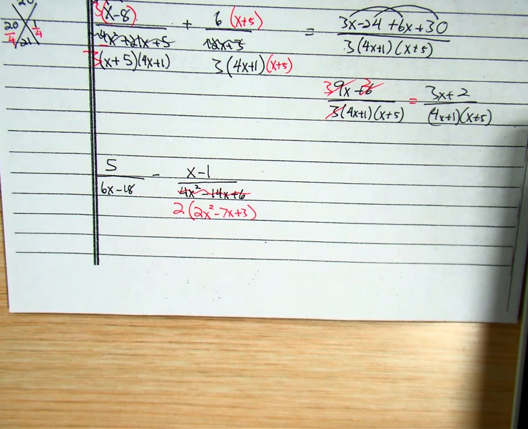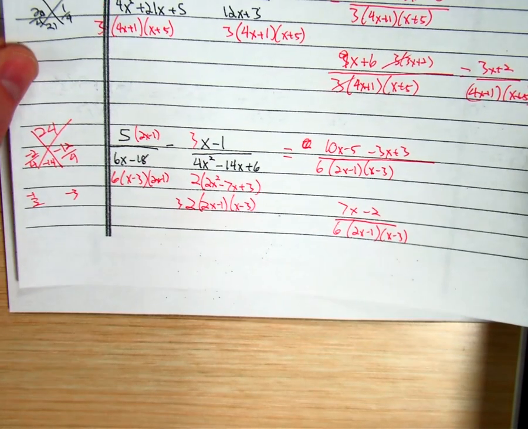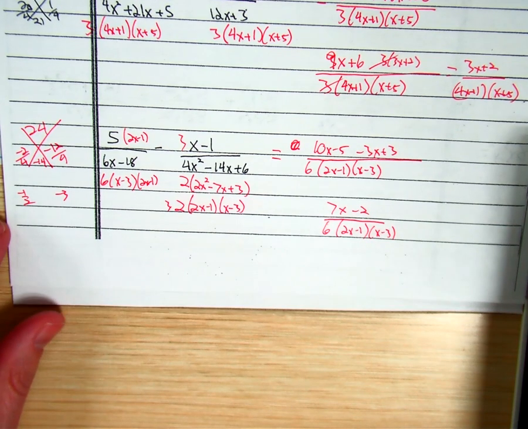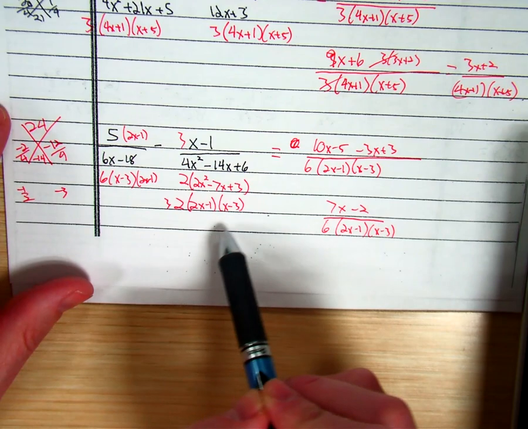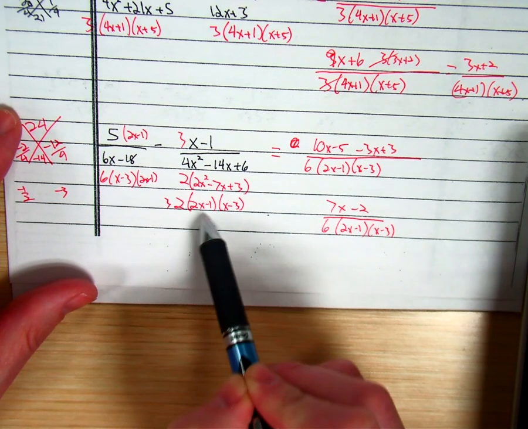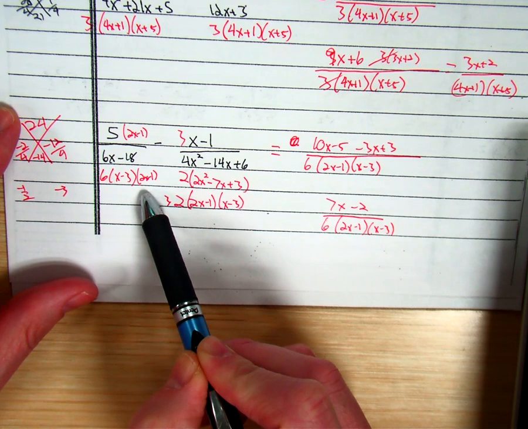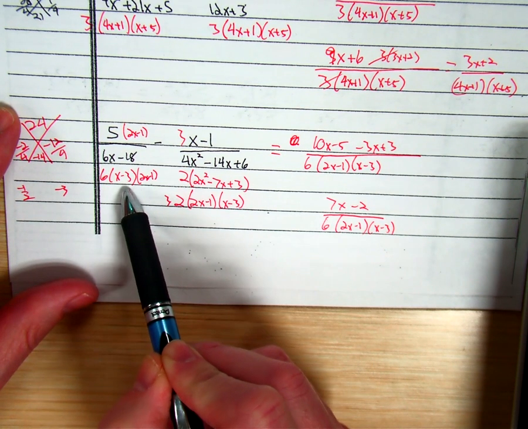Alright, welcome back. Let's see how we did with that one. So here we are with this one. It should go to 2x minus 1, x minus 3, 2x minus 1, oh, not yet, 6 and x minus 1.